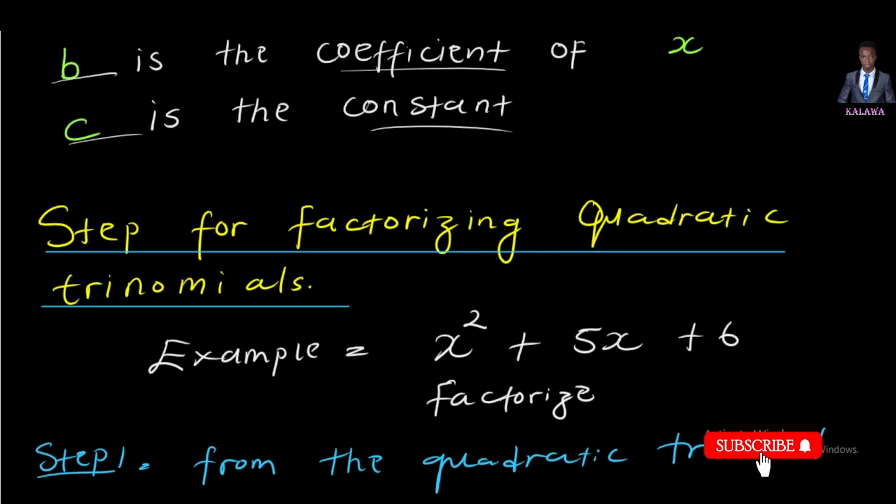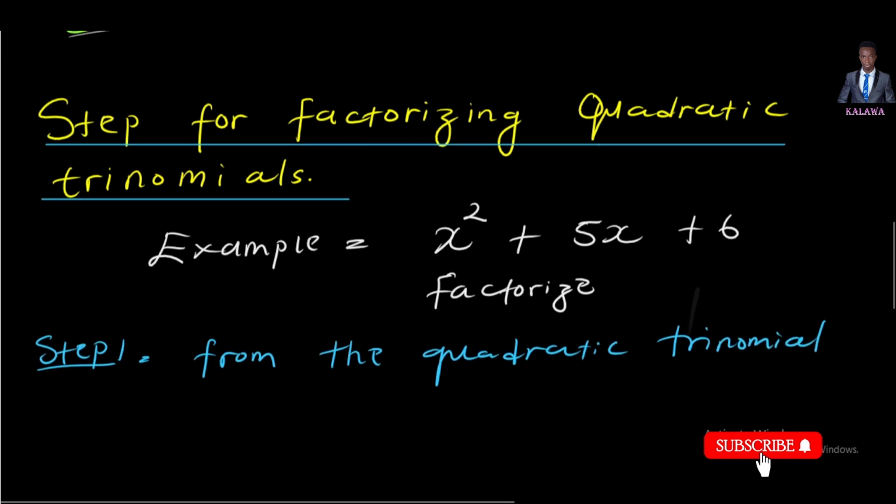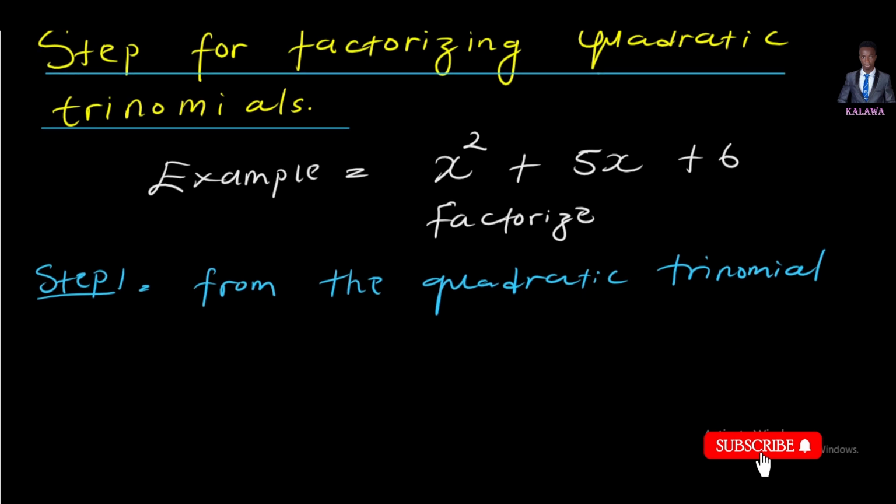Now there are some steps we must take before solving any quadratic trinomial. It involves 3 steps or more. Let's say we have an expression that says x squared plus 5x plus 6, and they ask us to factorize this.